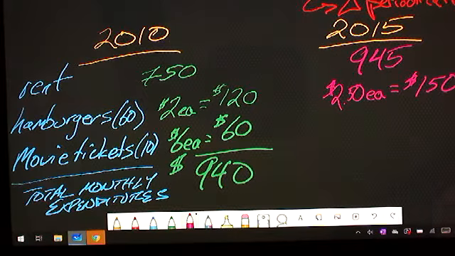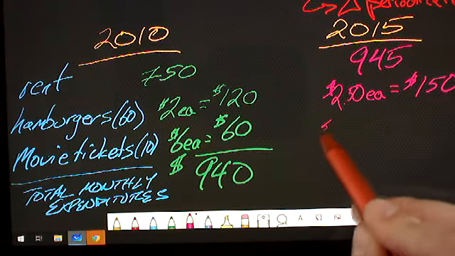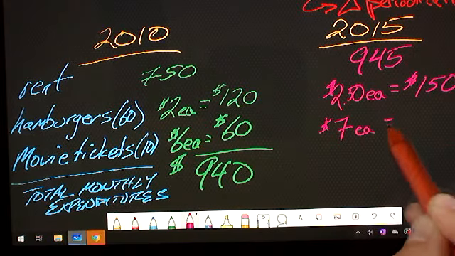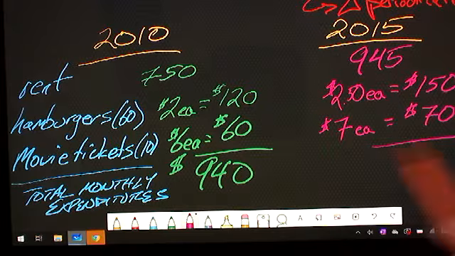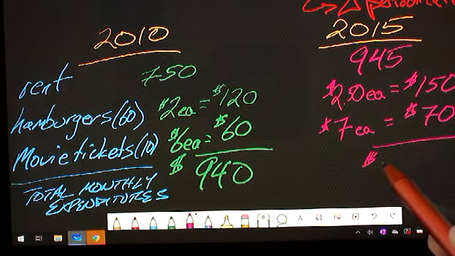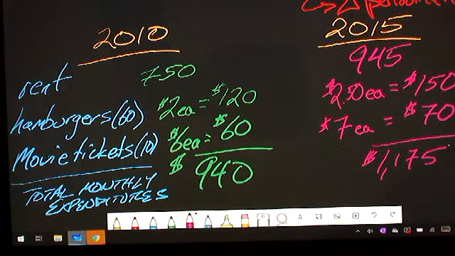The movie tickets are no longer $6 each. Those have gone up $1. They're now $7 each, so we end up with a $70 monthly expenditure on movie tickets. We add all this stuff up, we end up with a total monthly expenditure in 2015 of $1,175.